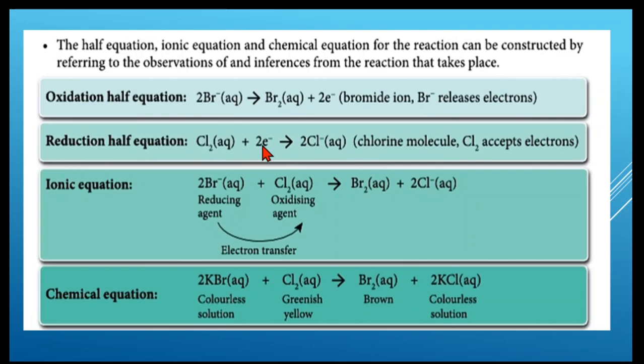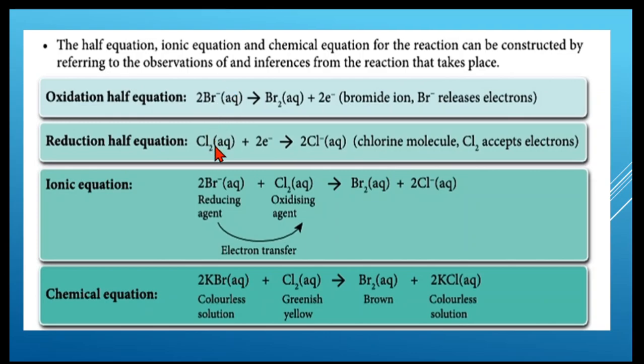Accept electron kan. So bila dia accept the electron, dia become chloride ion. Okay. Chloride ion. Cl minus. So sebab itu warna dia itu daripada greenish yellow, dia jadi apa? Dia jadi colorless.